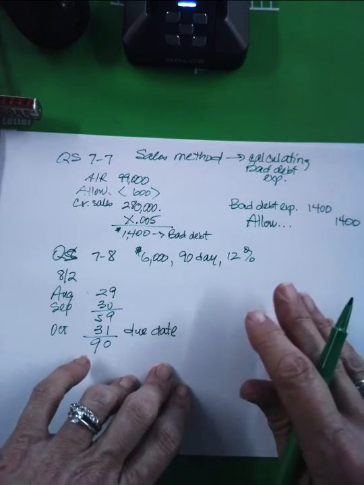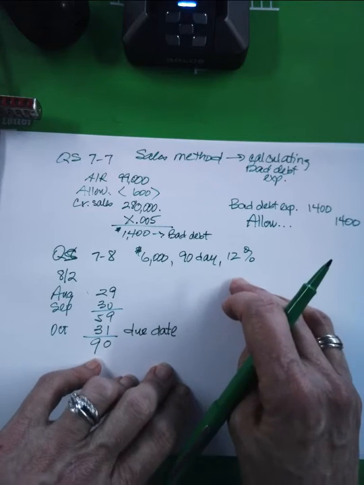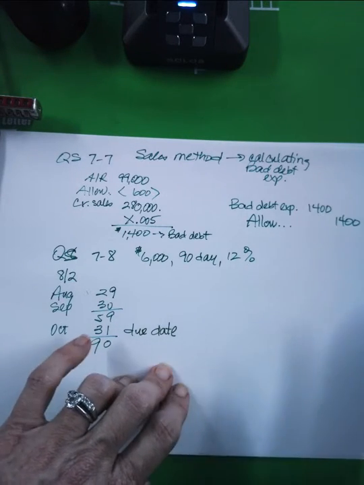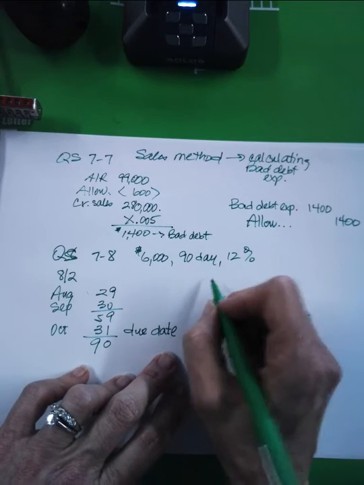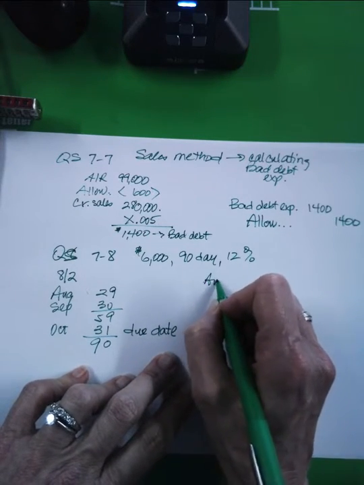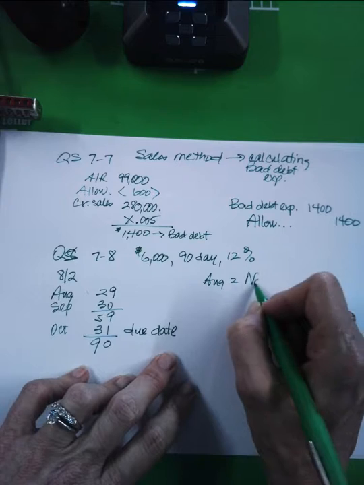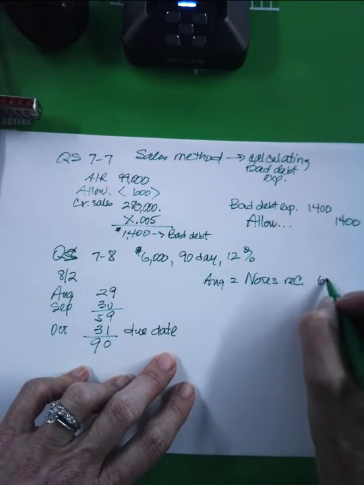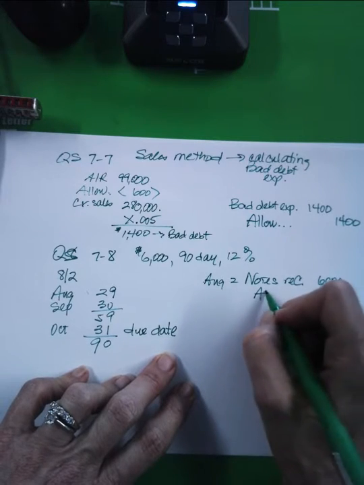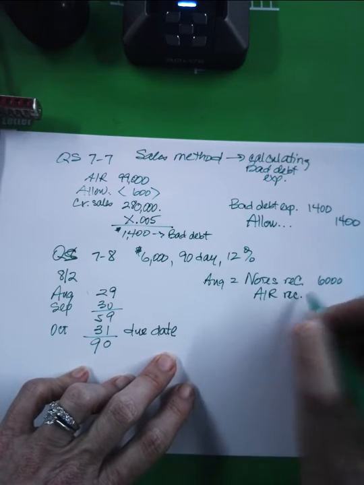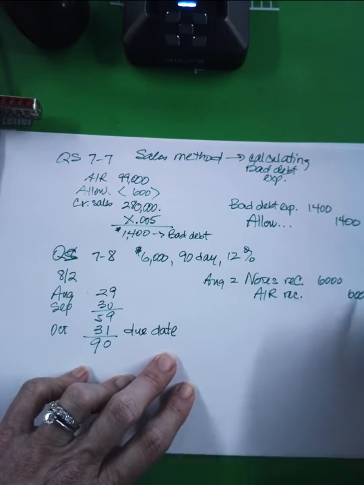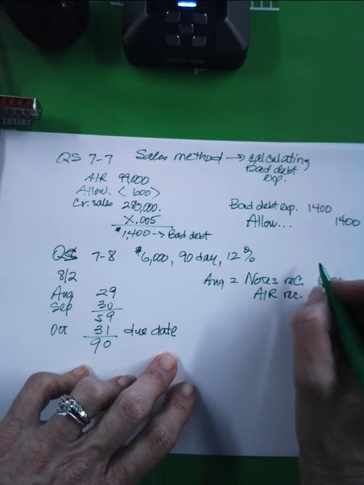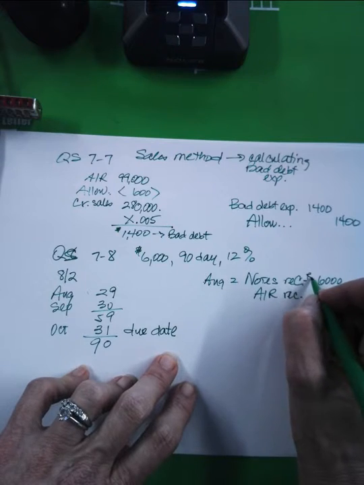That's exactly what happened. They're already our customer. So on August 2nd, we're going to debit notes receivable for $6,000, and we're going to credit accounts receivable for $6,000 for that customer, Albany.